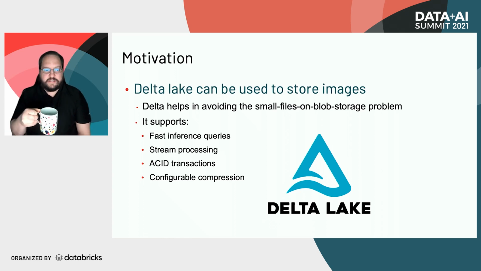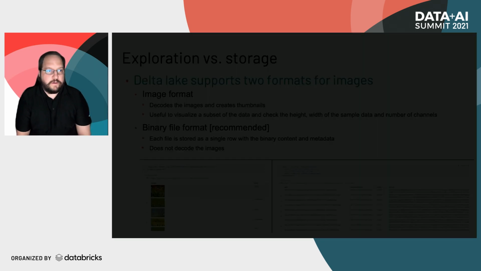Gives you ACID transactions, so you can know that you have consistent data sets. And then you can even use configurable compression. So if you're dealing with images, as we will today, that are already compressed, there's no need to spend the extra time on read and write taking care of that. So I'll show these off in the demo as well.